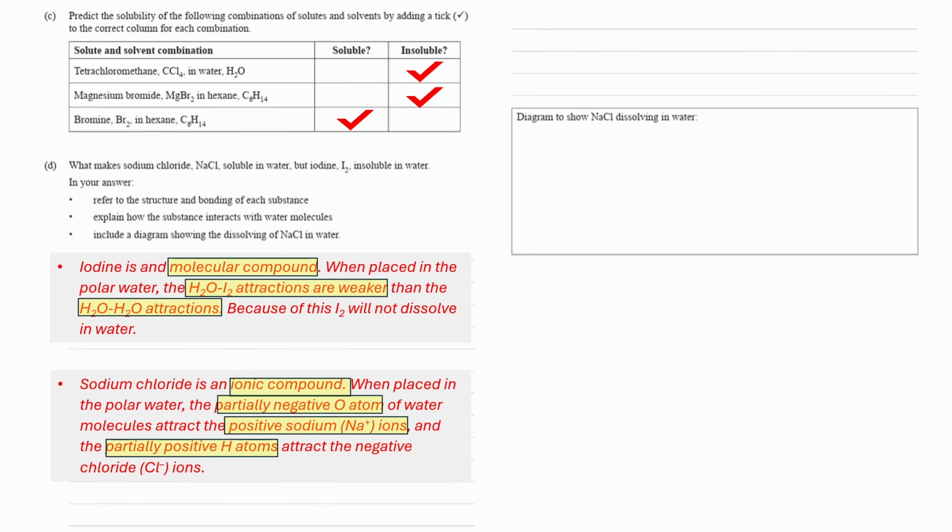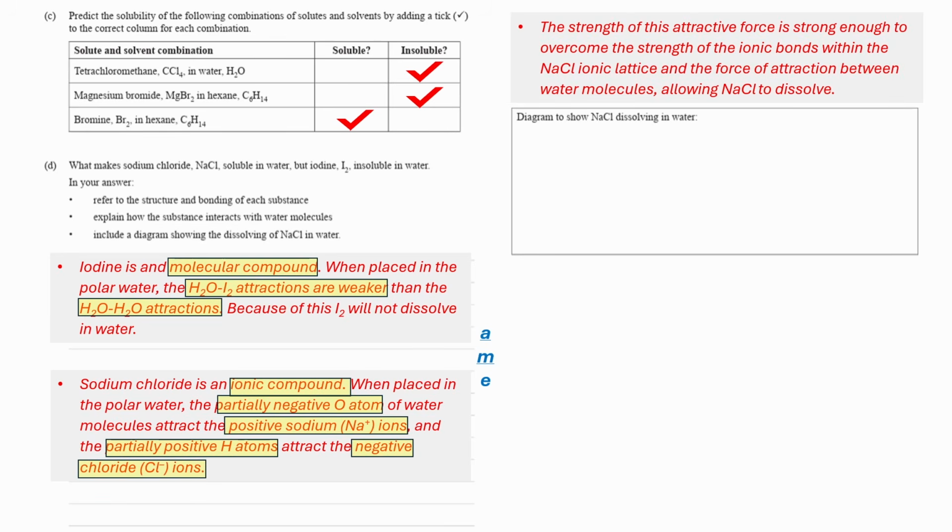Now we have to link the next part. We've talked about the structure of this. It's ions, and we talked about the attraction, but we have to say why it does this. The strength of this attractive force is strong enough to overcome the strength of the ionic bonds within the sodium chloride lattice, allowing the sodium chloride to dissolve.